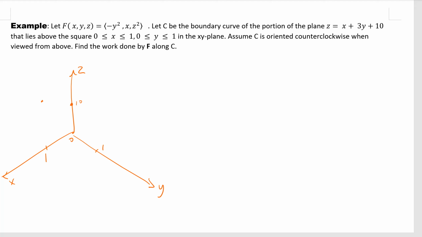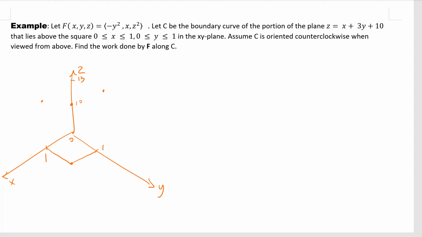Okay. And when x is 0 and y equals 1, we get 13. Right? So 13 right here. Okay? So because it's above the square, this is the square.